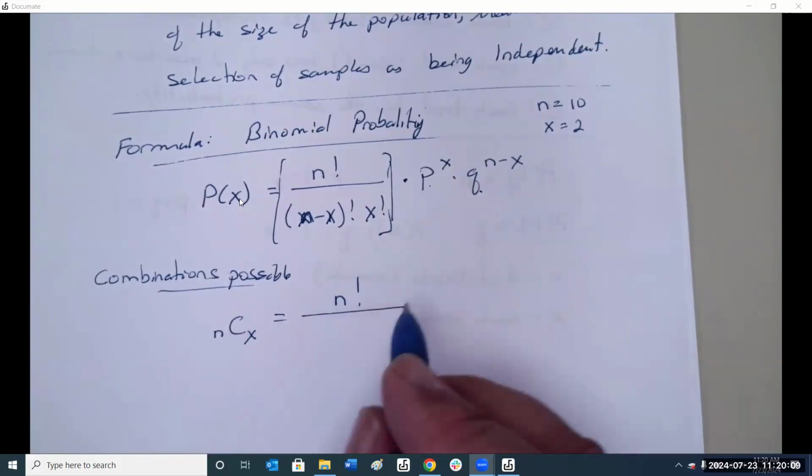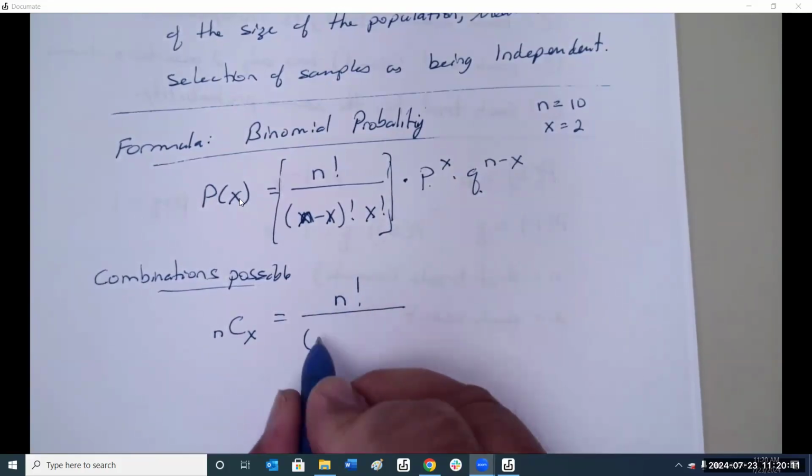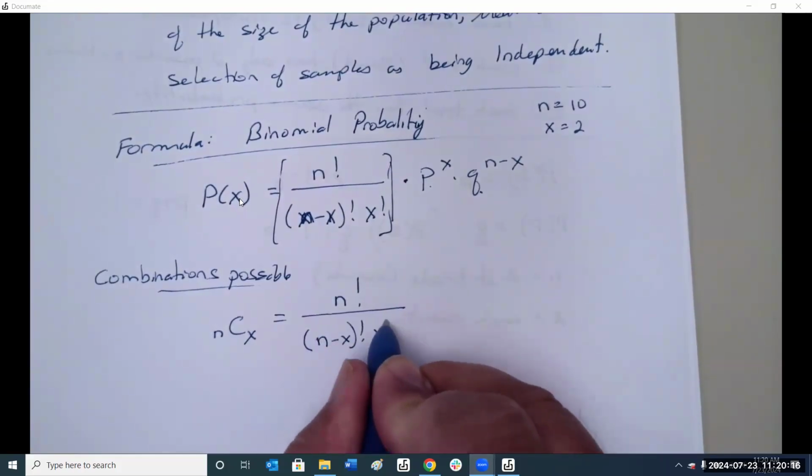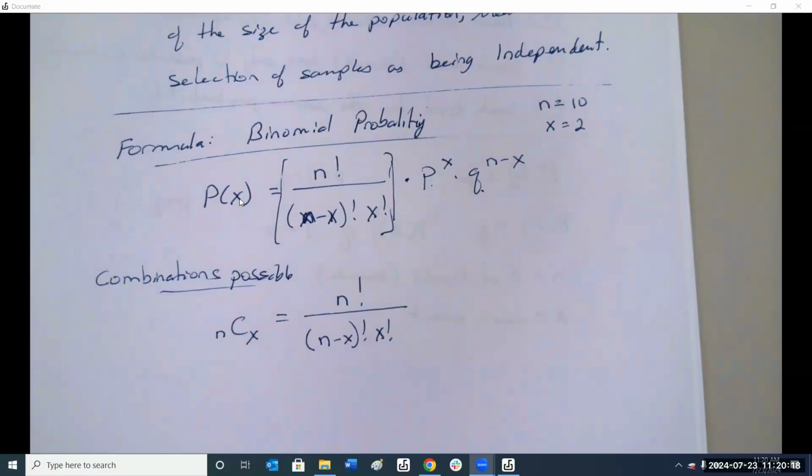That goes on top as a factorial. On the bottom, it's n minus X factorial times X factorial. It's always going to give you an integer. It's never going to be a decimal.